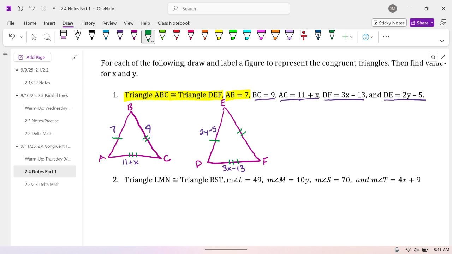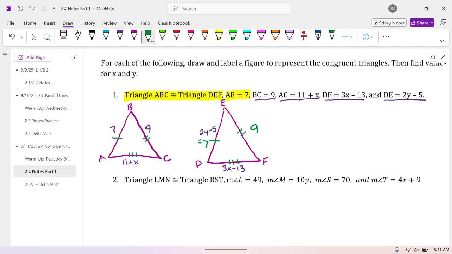So we can conclude that if BC is equal to 9, EF also has to be what? If they're congruent, 9. What about DE? We know that's equal to 7. Now, that's not what Y is equal to. That's just what the side should be equal to. And then DF and AC, we don't know just yet.